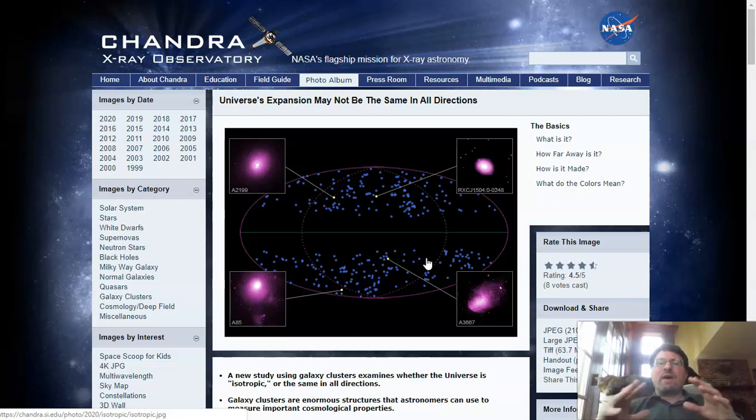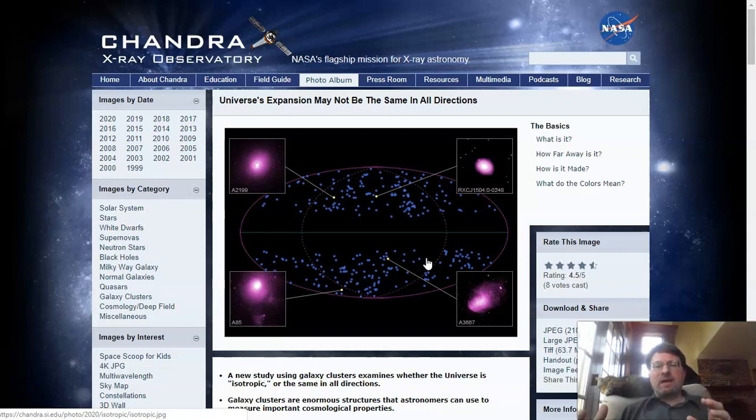So this fundamental tenet that the universe looks the same in all directions is related to the isotropy of the universe. Isotropy is the same in any direction you look. And this is challenging that assumption, that tenet of cosmology.